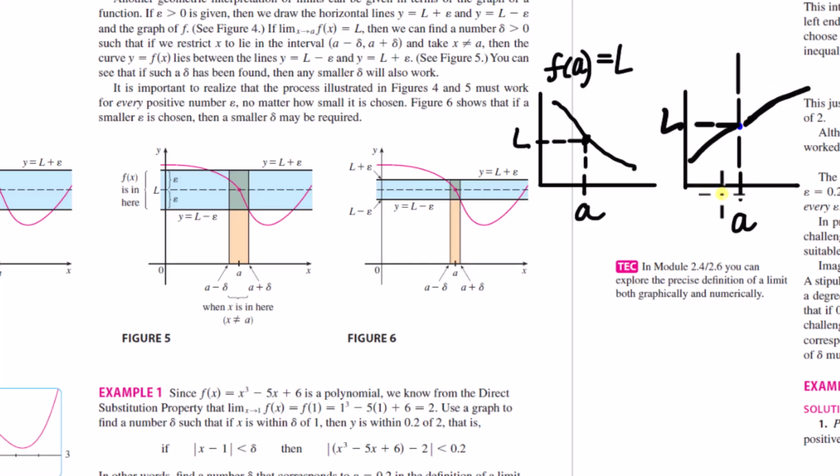Or it could be the case that the function doesn't exist at a at all. That's two reasons why there would be a hole here. But again, really it doesn't matter. As far as the definition of the limit, what the function is doing at the limit point is meaningless. All that matters is the behavior of the function approaching a from either side of a.